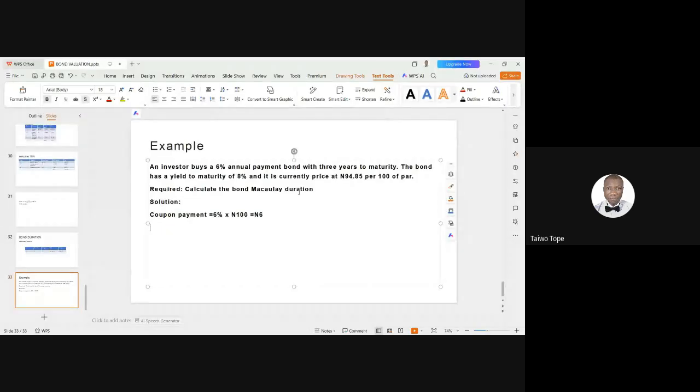Your current market value is 94 naira 85 kobo. What else? The number of years: 3 years.